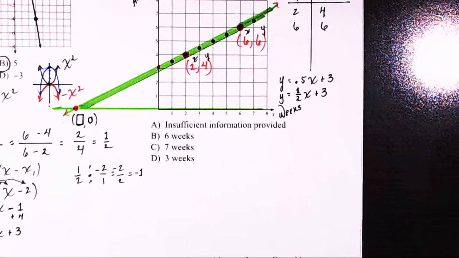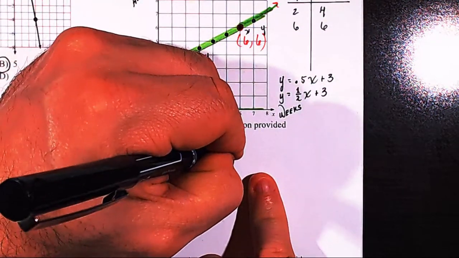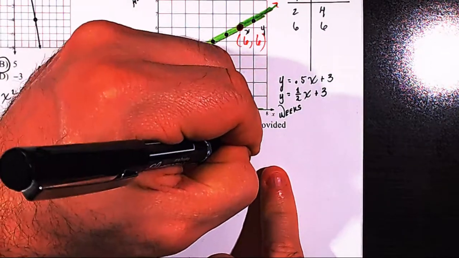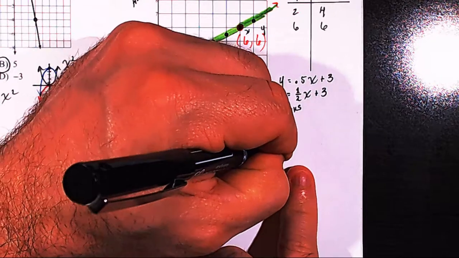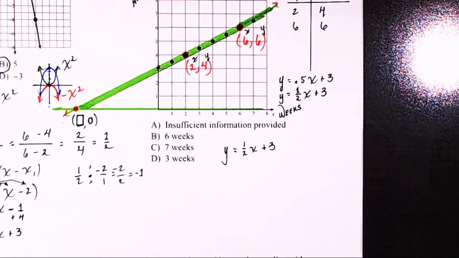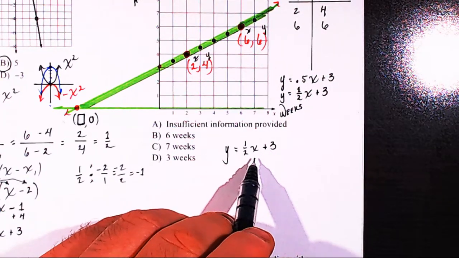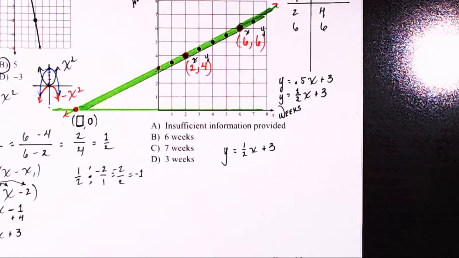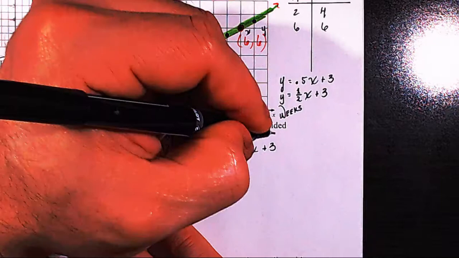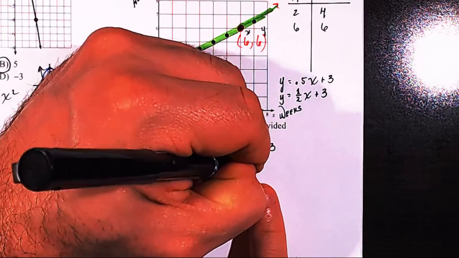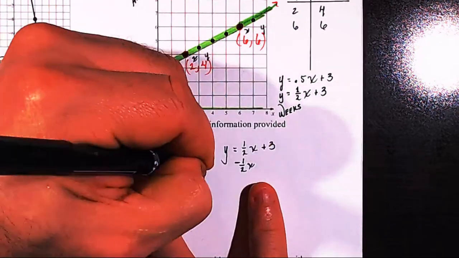If you're a little bit more advanced, you can solve this by hand. y equals 1/2 x plus 3. All you're doing is solving for x instead of solving for y. So if you want to solve for x, we'll get x by itself on the left, subtract 1/2 x from both sides.